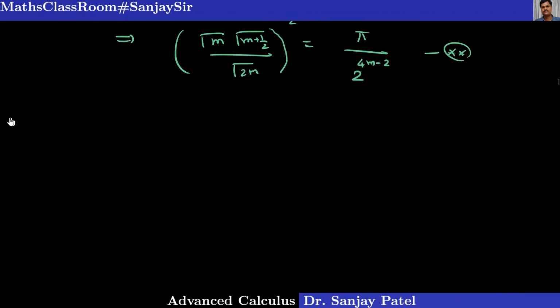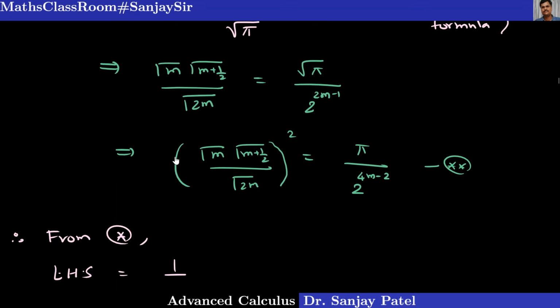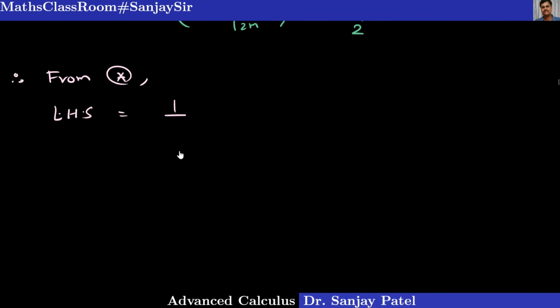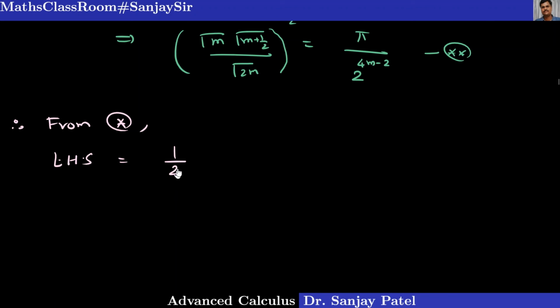So from star, LHS is equal to 1 upon 2m into pi upon 2 raised to 4m minus 2.